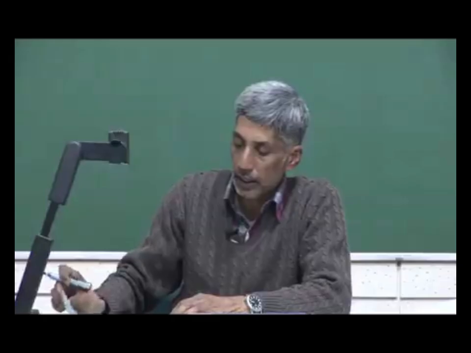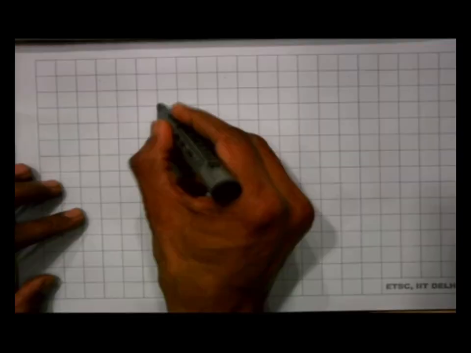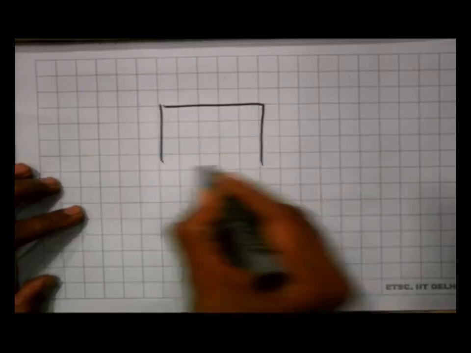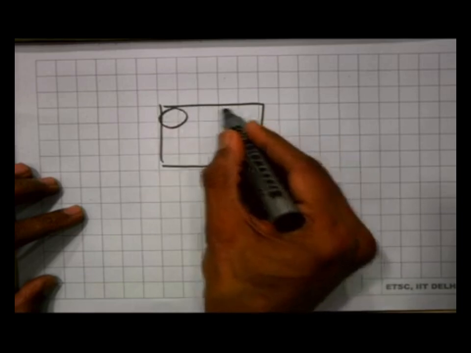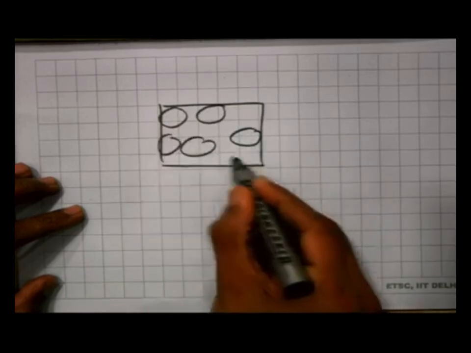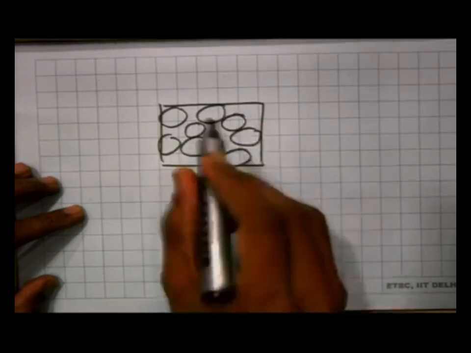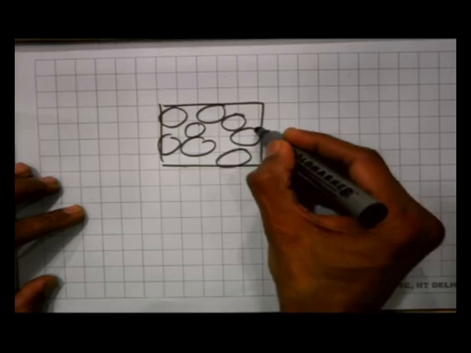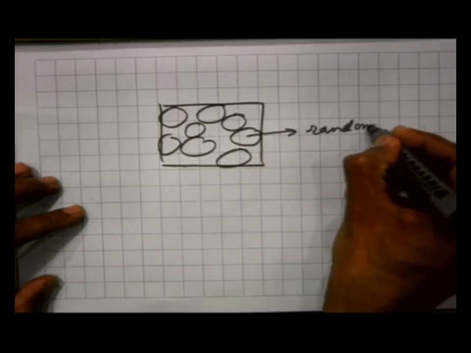Now, on the other hand, if you consider a liquid, it looks much the same. I draw the same surface, I have same size molecules, except now the positions of these molecules are quite random. So, they are not at fixed positions, they are at random positions.